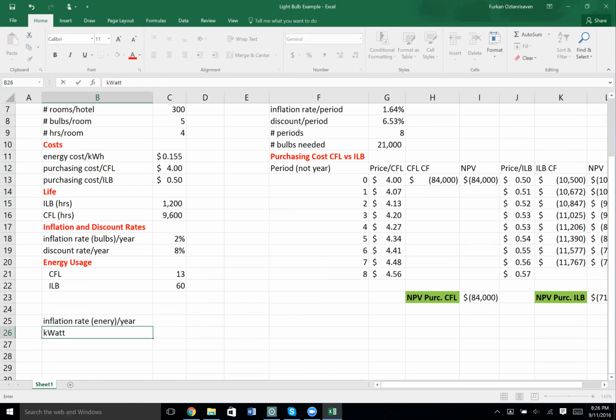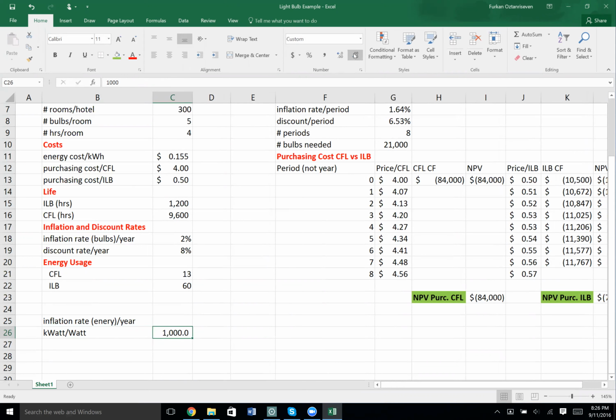So 1 kilowatt is 1000 watts, and the inflation rate for energy is given to be per year base 3.4%.